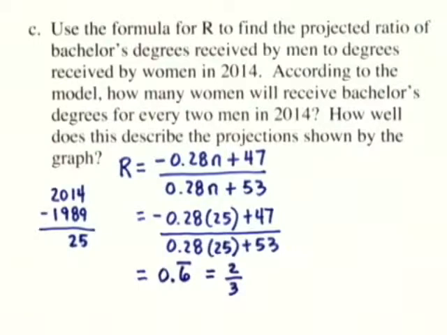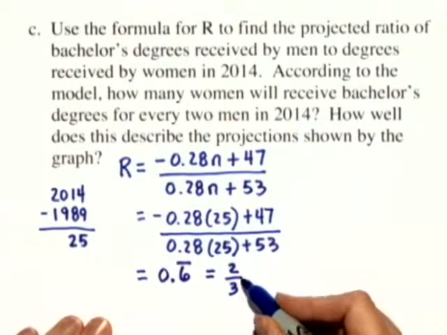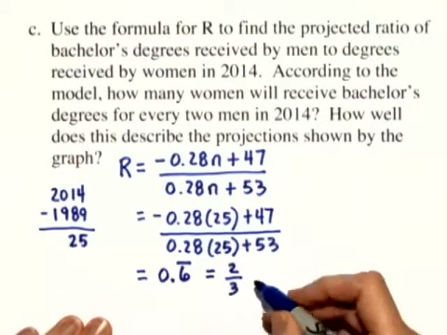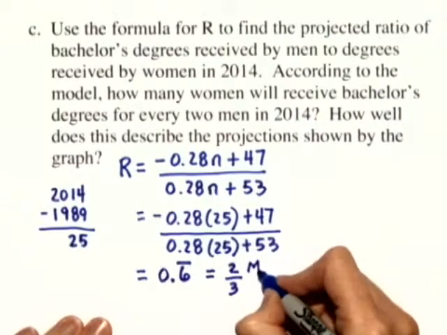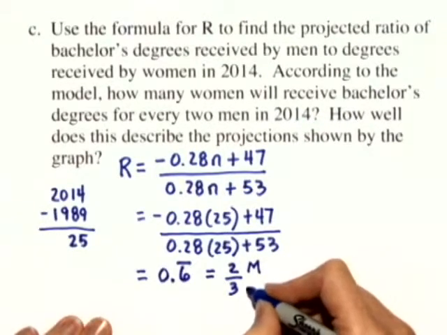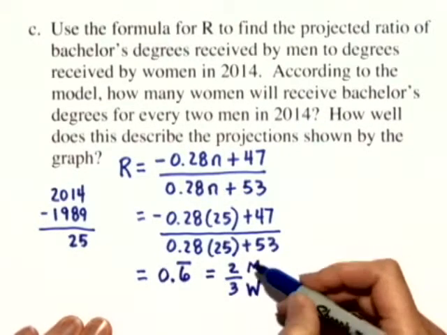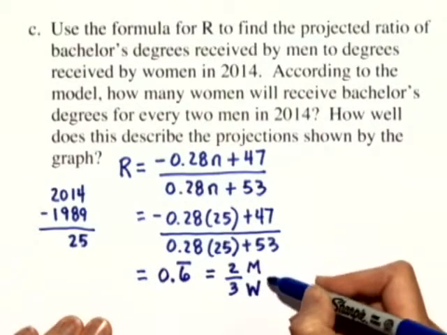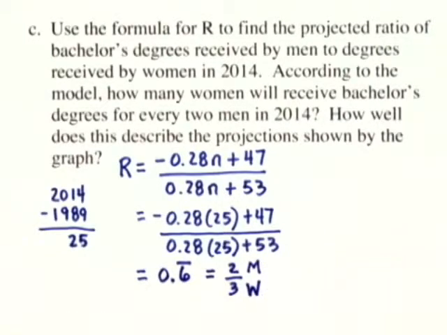How many women will receive bachelor's degrees for every 2 men in 2014? Our ratio is 2 to 3, so the ratio of 2/3 represents 2 men for every 3 women receiving a bachelor's degree.